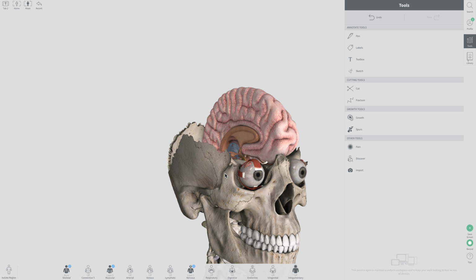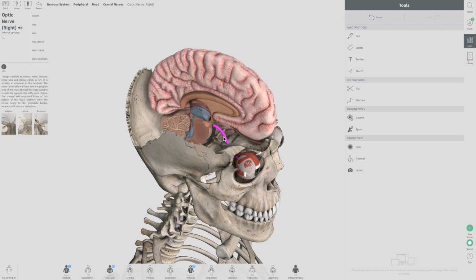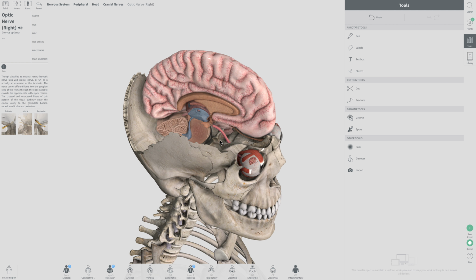Now, the real reason I set this up: this right here is your optic nerve. I don't know the name of this color, but this relatively thick nerve we're looking at is your optic nerve.